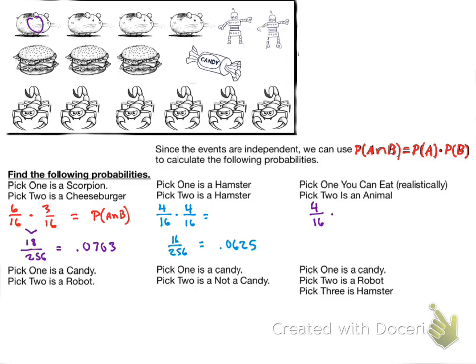We have all of our little hamster buddies, 1, 2, 3, 4 hamsters, and we have 6 scorpions. So that's 10 out of 16. That equals 40 out of 256. 40 divided by 256 gives us 0.15625 probability.